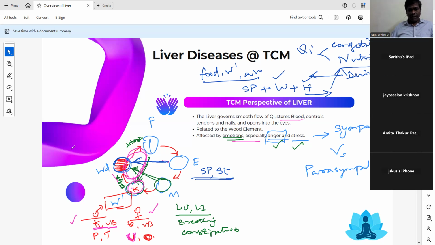So when we see a disease of any organ or element, you need to see the involvement of all other organs, all other elements.